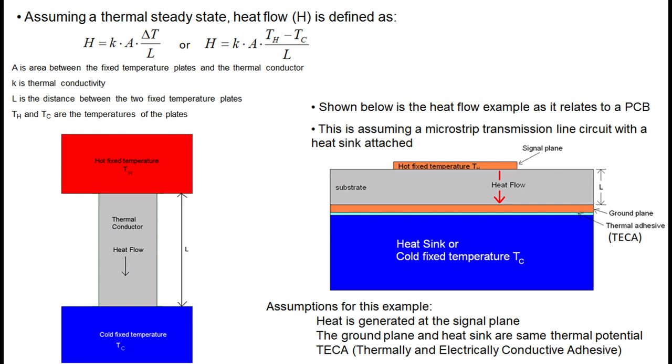So the ground plane and the heat sink are at the same thermal potential, and what you want to do is have the heat go from the signal plane, where we're assuming the heat originates, and go through the material, so the material's acting as the thermal conductor, to the ground plane, and then the ground plane will be the same thermal potential as the heat sink, and that's how you get the hot temperature from the signal plane to the colder temperature of the heat sink and keep your circuit cooler.